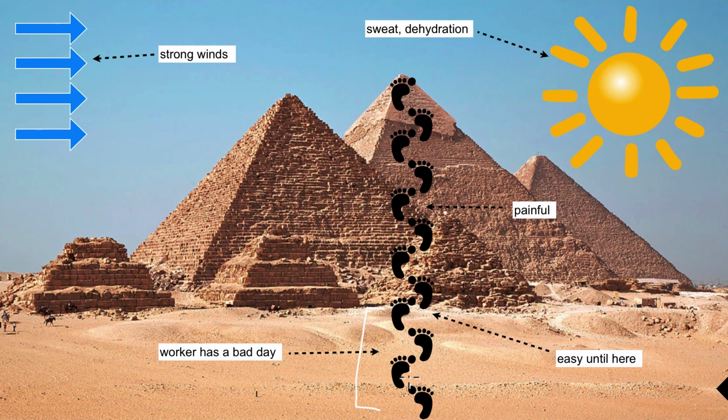Maybe he forgot to bring enough water to drink and then he's slowing down because he gets thirsty, stuff like that. We didn't model that in the analytical model so far. And then there might also be strong winds, and the strong winds may make it very difficult to climb up the pyramid. Those are other effects we totally ignored in the analytical model so far.